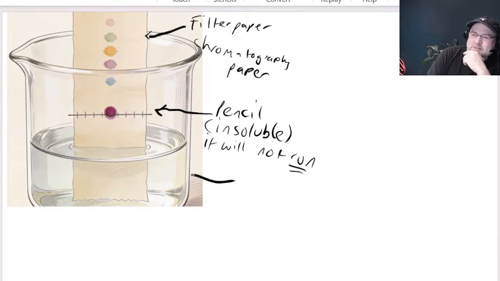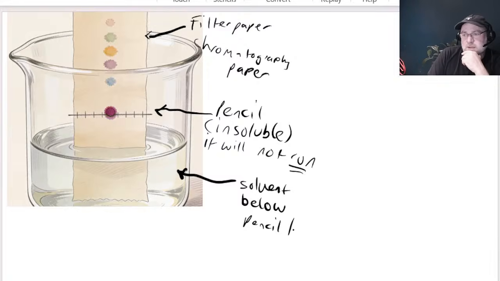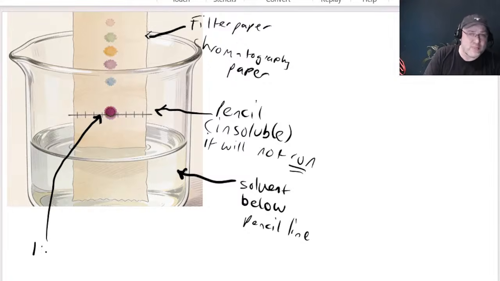Right, here we go. The solvent has got to be below the pencil line. Just remember that, solvent below pencil line. Okay, what else? If a colour stays on the line like that, folks, it's insoluble in that solvent.